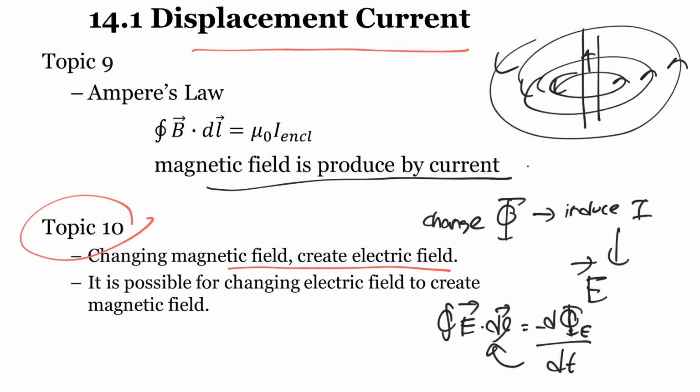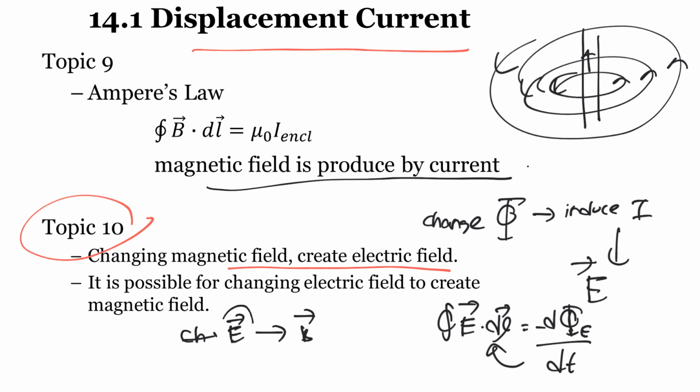Now we are going to combine both, which means asking: is there any possibility for a change in the electric field to produce a magnetic field? If we just have an electric field, it is not going to produce a magnetic field, because you need to have some change for you to induce a magnetic field.